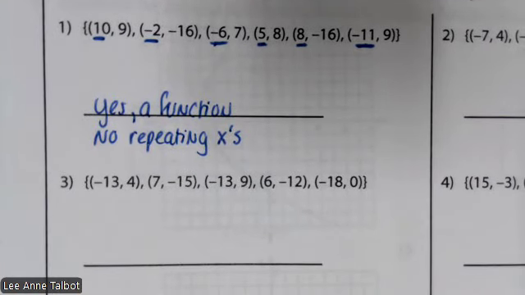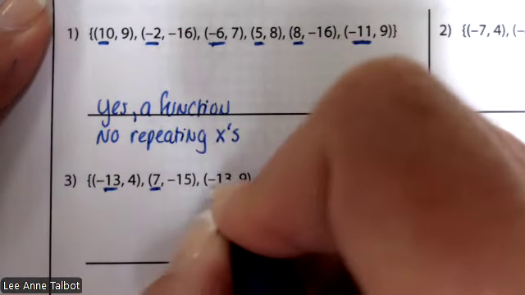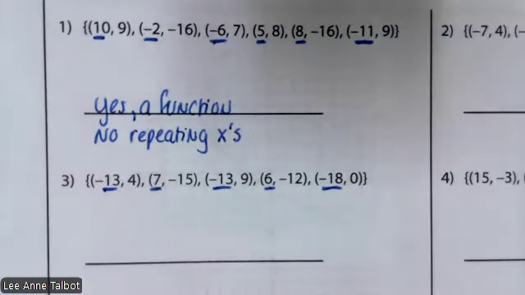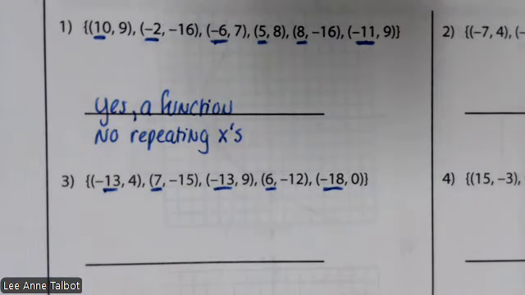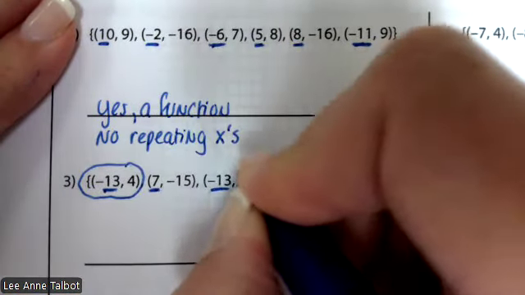Okay, that problem's done. Okay, number 3. Underline all the little X's. Are there repeating X's? Yes. Okay, so let's circle those 2 coordinates that seem to be suspect.